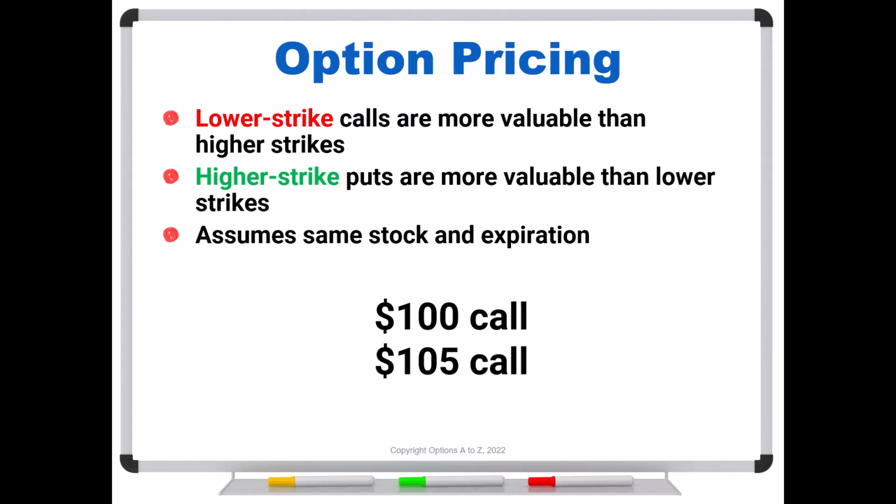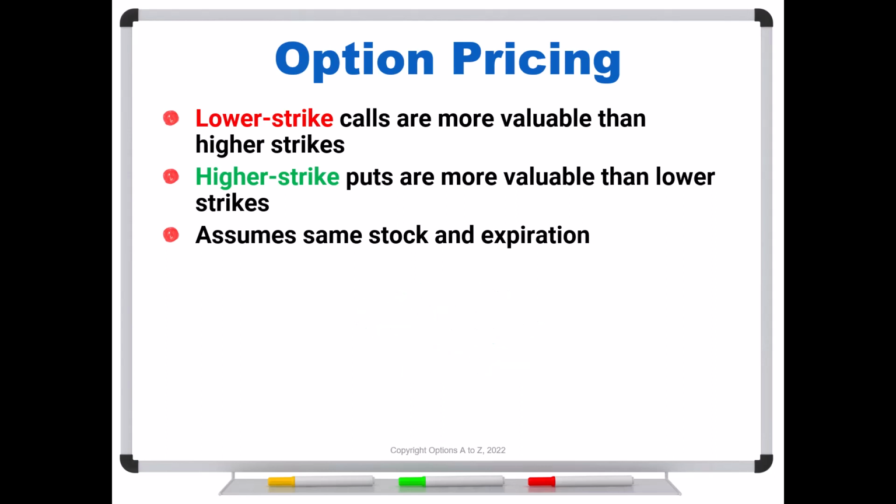However, the $100 call allows you to pay $100 for the shares instead of 105. So the $100 call conveys an added benefit. It's allowing you a $5 discount on your purchase. And because that's a benefit in the financial markets, you're going to have to pay for that. And that's how we know that the $100 call will be more valuable. In other words, we'll have a higher price on it compared to the 105.